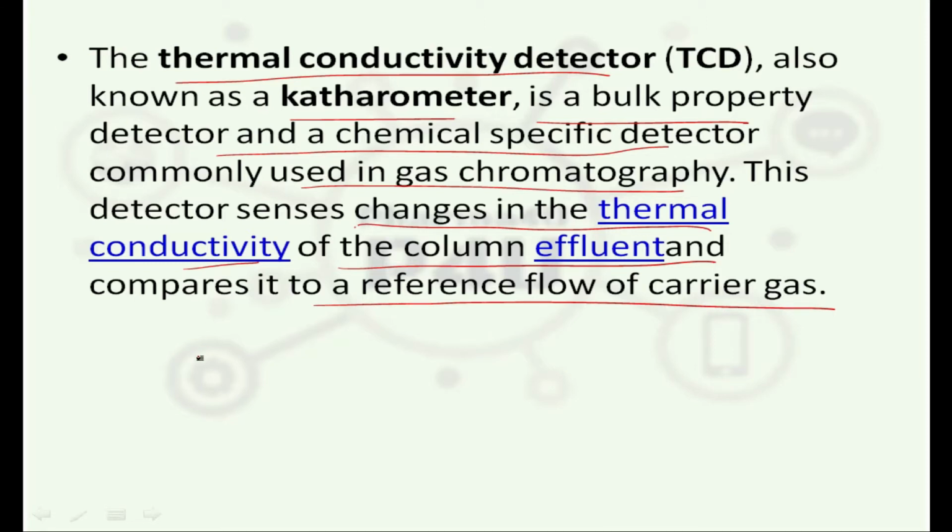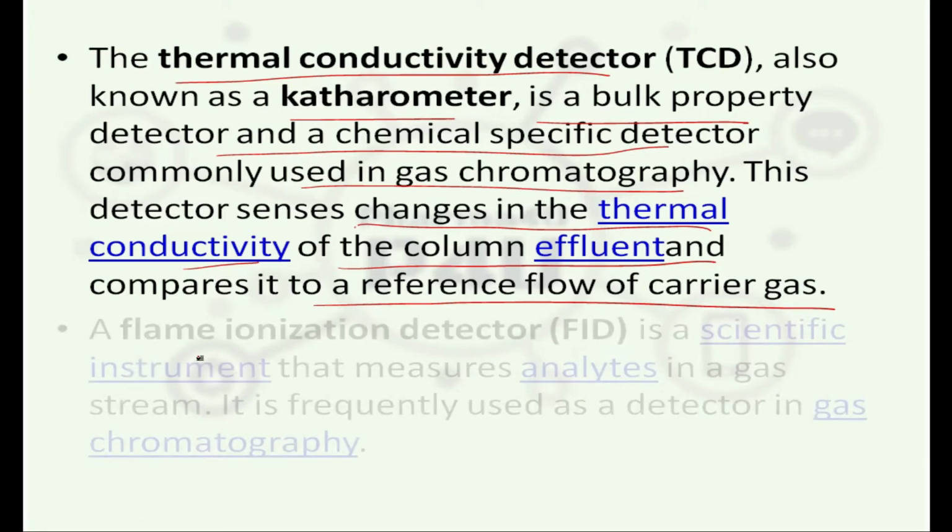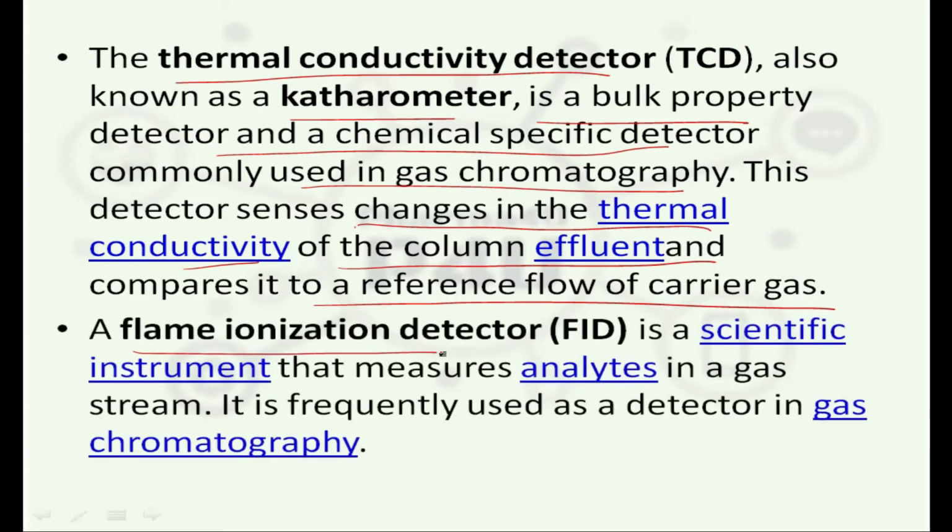Now the next one is the flame ionization detector. It is a scientific instrument that measures analytes in a gas stream, and it is frequently used as a detector in gas chromatography. So students, this is all about this question.